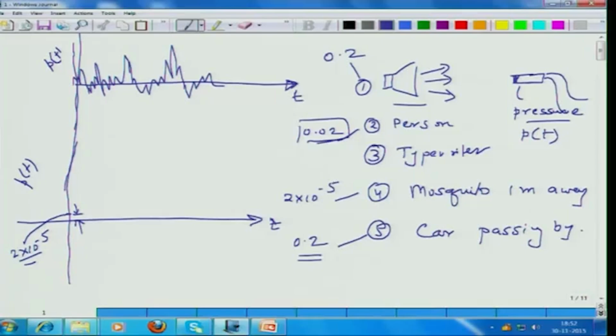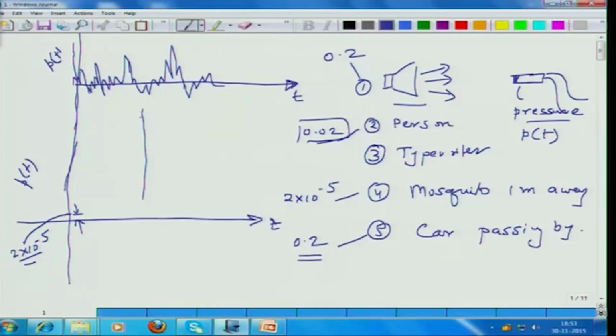So the point I'm trying to make is that because we have to cover an extremely large range of pressures on the same graph, and this range spans over several orders of magnitude, physically it becomes not possible or impractical to plot everything using a linear scale.